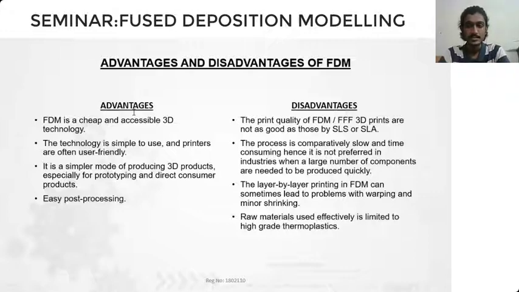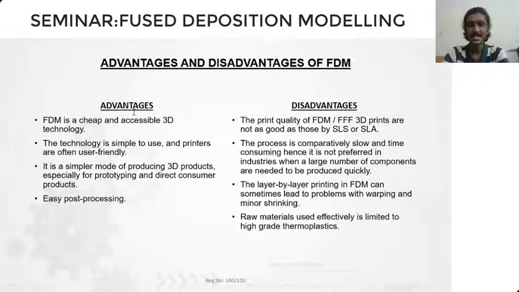Yes, as previously discussed, warping and shrinkage prove to be a major issue for the FDM process and destroy the profile of the product. And the raw material is very much limited. It can be used only to produce effective products using high grade thermoplastics.